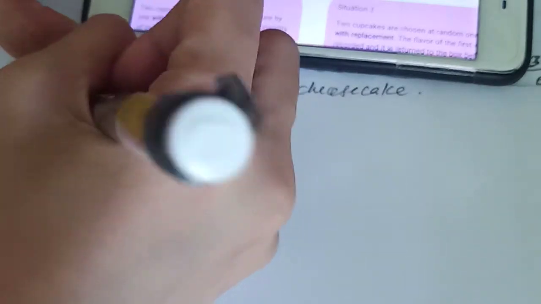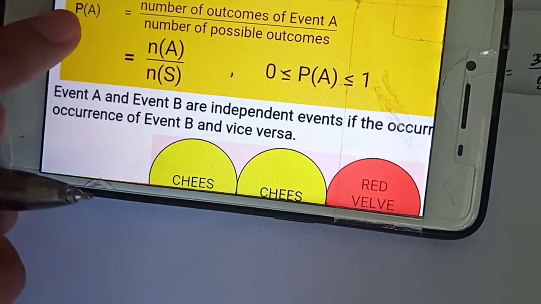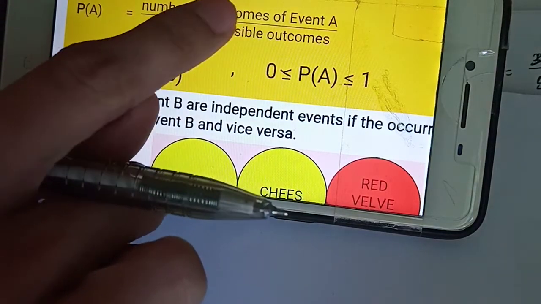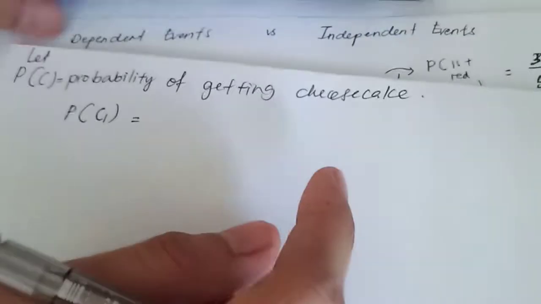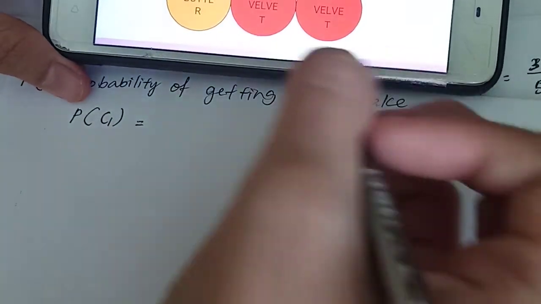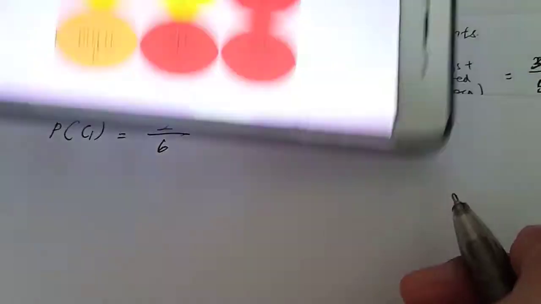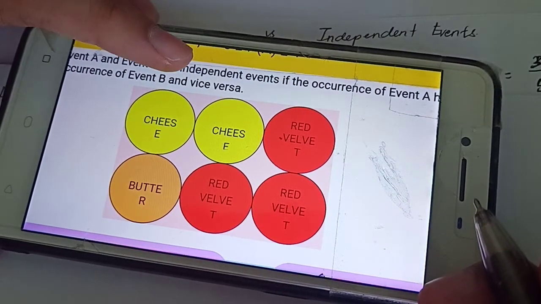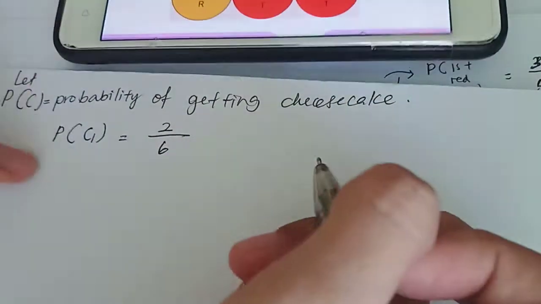So if I want to calculate the probability of getting my first cheesecake, based on the above formula, the probability of an event is the number of outcomes of that event over the number of possible outcomes. So the probability of getting a cheesecake the first time is 2 over 6. If I take randomly any cake, the probability of getting a cheesecake will be 2 over 6. So this is my first cheesecake.